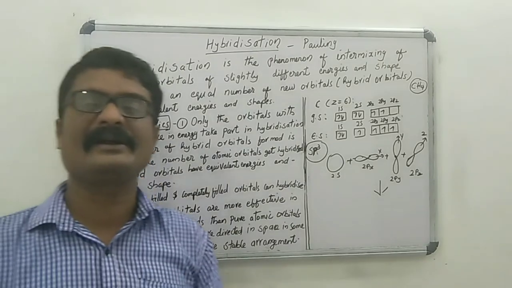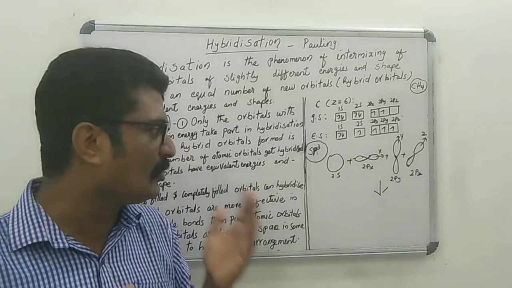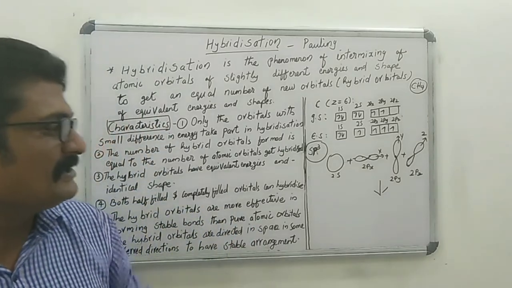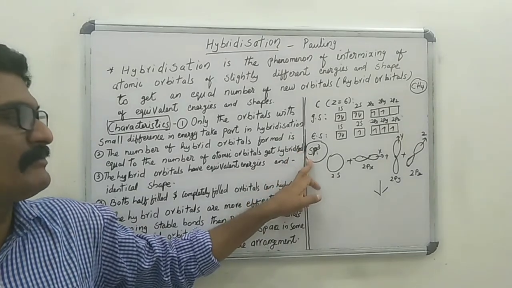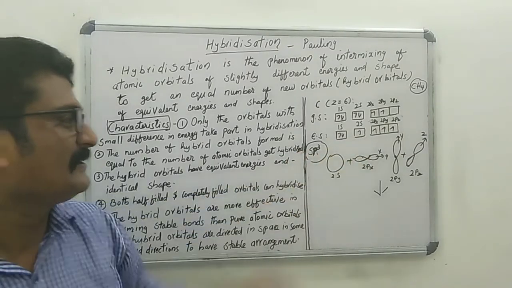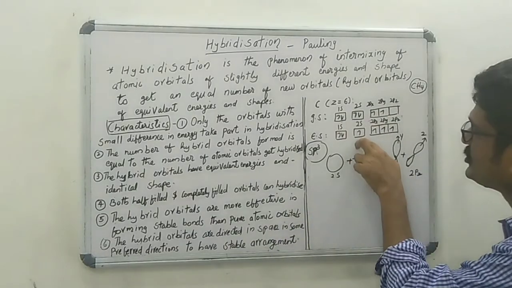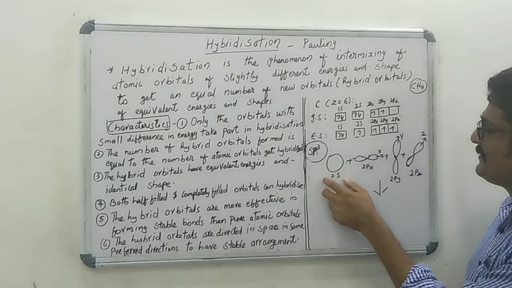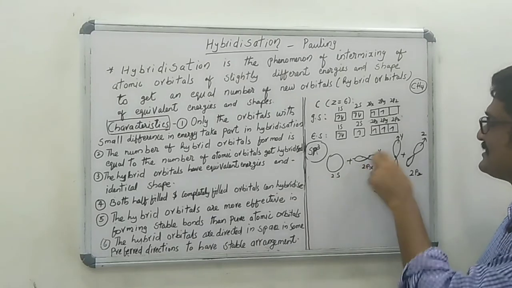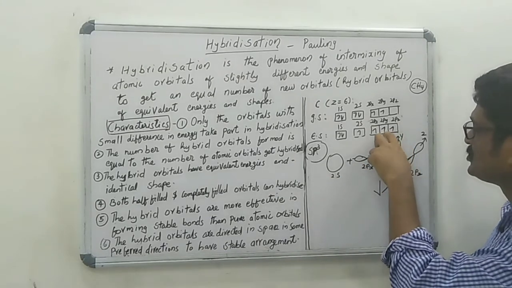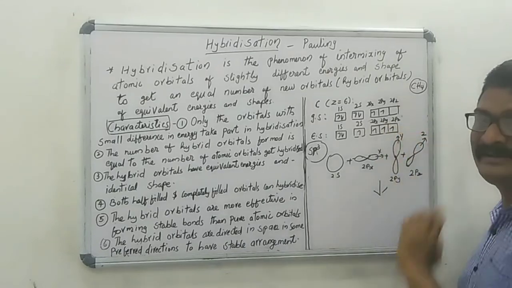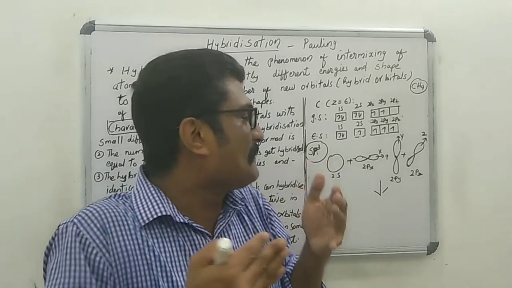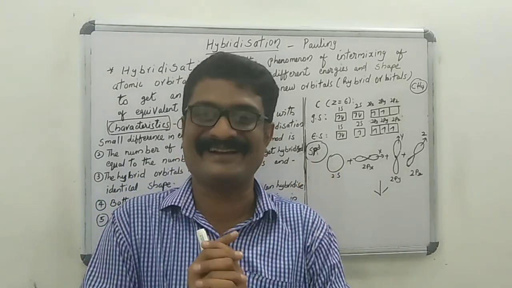Then what is meant by sp3 hybridization, or how are sp3 hybrid orbitals formed? Please listen. In sp3 hybridization, the one 2s orbital, then one 2px, one 2py, and one 2pz orbital of carbon get hybridized.